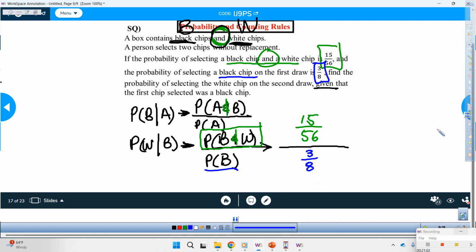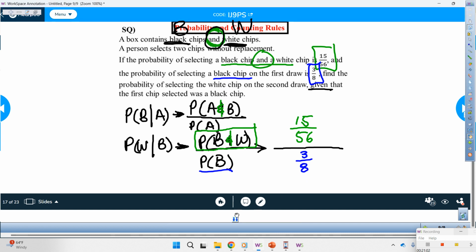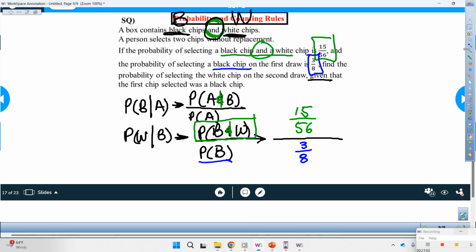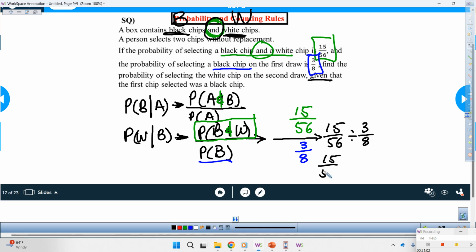All right. So, although that looks a little bit funky in the sense that there's fractions over fractions, can we rewrite that? Of course. Let's do that. We got 15 over 56 divided by 3/8, or in other words, 15 over 56 times 8/3. Multiply that and see if you can reduce to lowest terms.